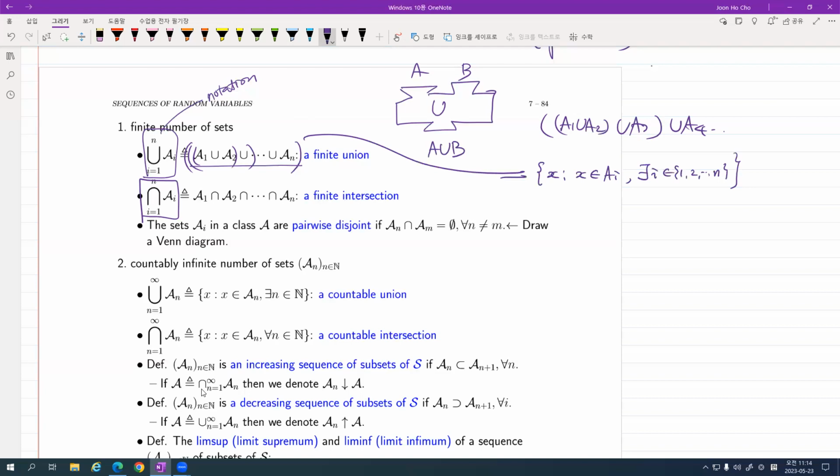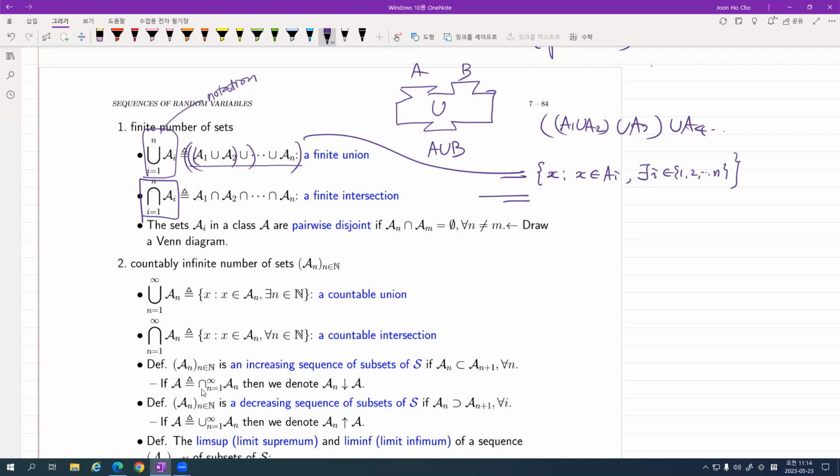So if x is a member of this set, the finite union of A1 to An, then there exists some index i such that x is a member of A_i, right? So here kicks in suddenly a there-exists statement when you consider set union, especially finite union.